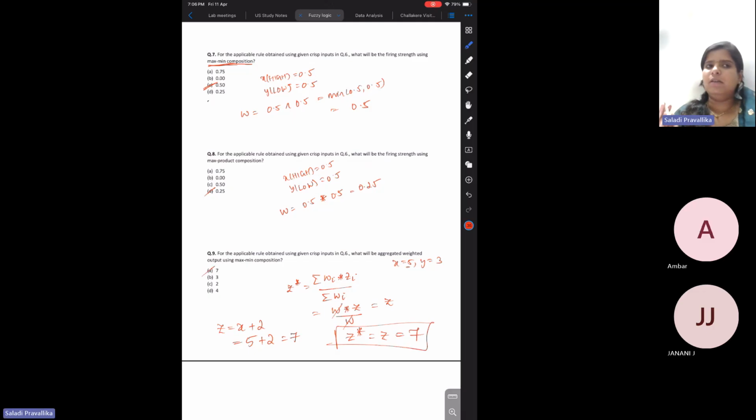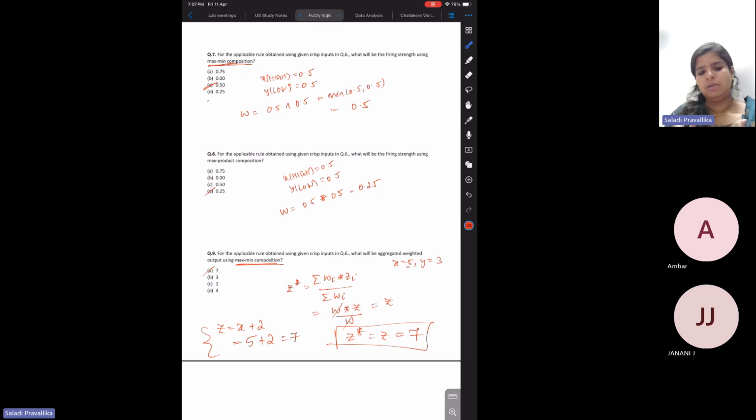Just in case rule 1 and rule 2 both of them are applicable, then what you have to do is take the weights as per whatever composition is given. So here max min is given. So you take the max min for rule 1 and max min for rule 2, and you get the weights W1, W2, and whatever ZI values you get for each output, you take those, similar to how I got here.